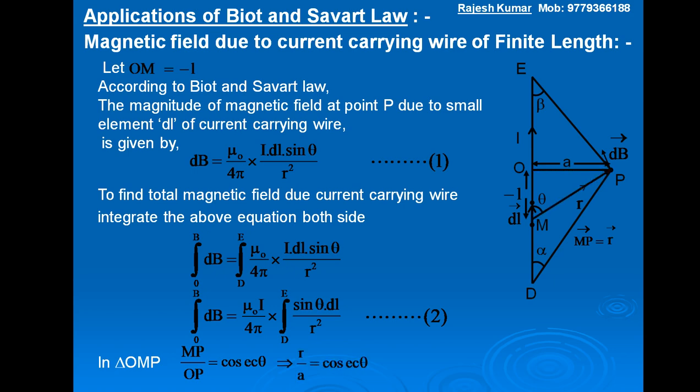This implies r upon a is equal to cosecant theta, as MP is equal to r and OP is equal to a. Or this implies r equal to a cosecant theta. Call this equation number 3.